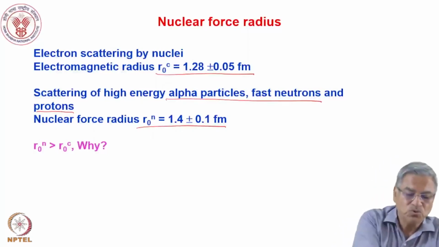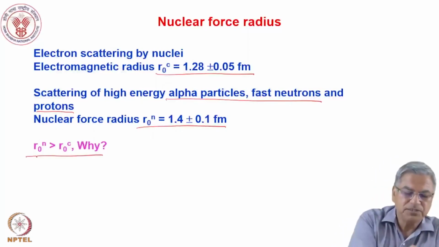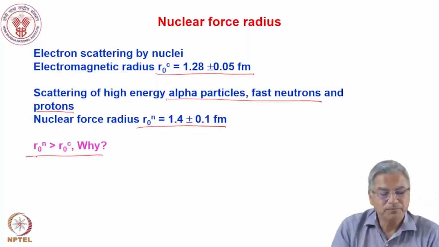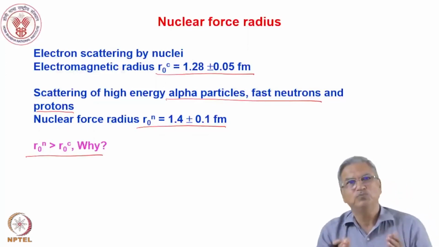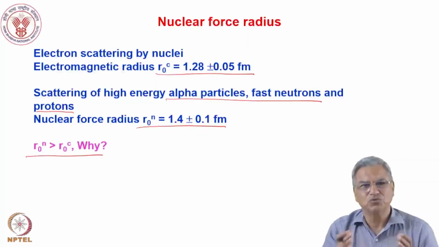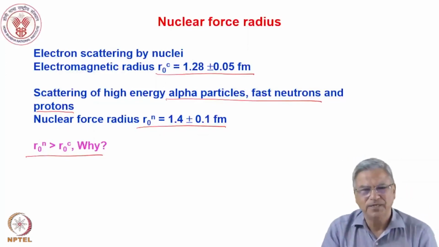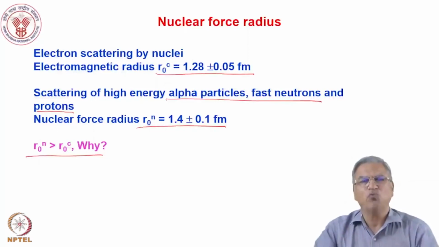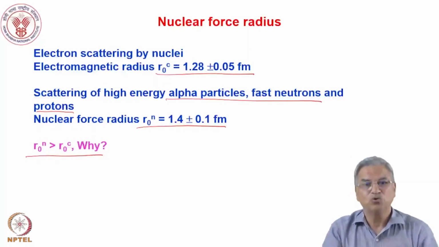Why is the nuclear force radius larger than the Coulombic radius? Because the nucleus has a lot of neutrons, and the neutron distribution is much wider than the proton distribution. In fact, there is something called neutron skin thickness. The outer periphery of the nucleus will have more neutrons.